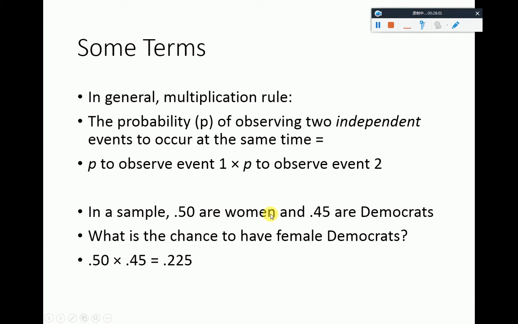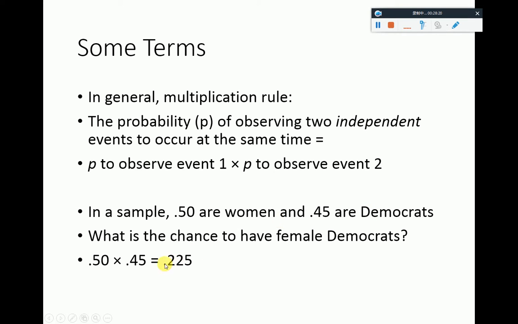That is, you cannot predict a woman's party affiliation. You cannot predict a person's party affiliation by looking at the person's gender. So that means gender and Democrats are independent, unrelated, not associated.